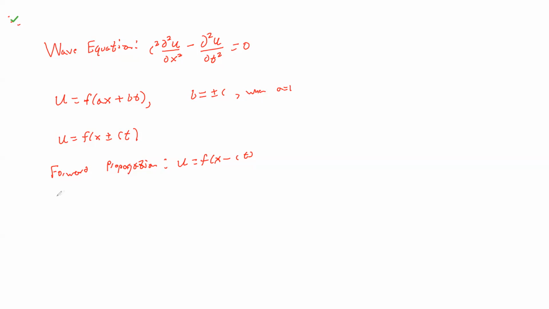And so similar to forward propagation, we can see that backward propagation must correspond to the plus case, because if you want to keep the argument constant, so you can keep the wavefront constant, then as x increases, time must decrease.